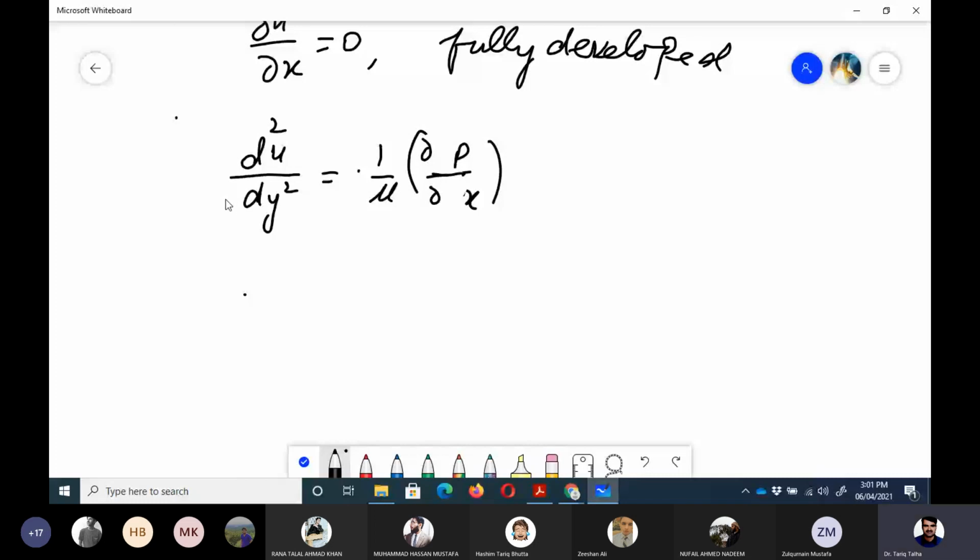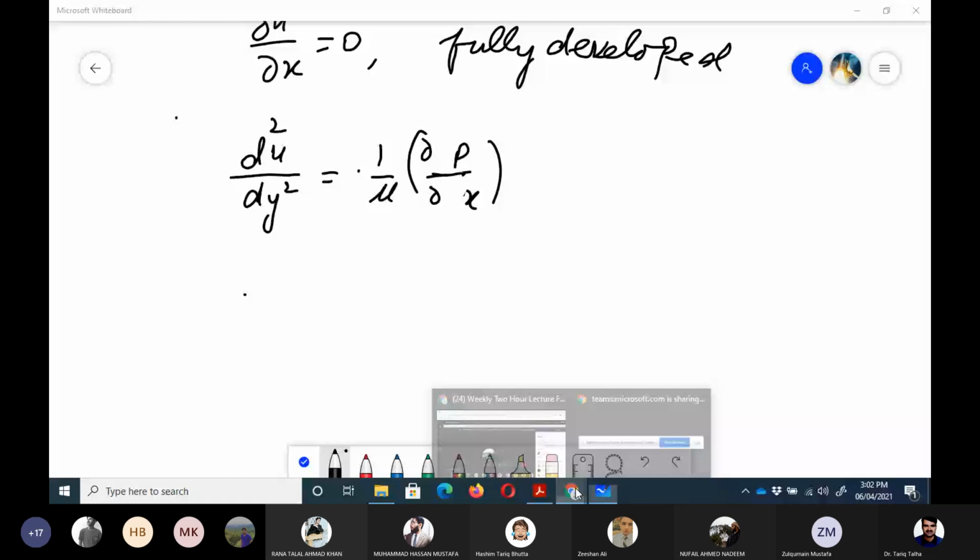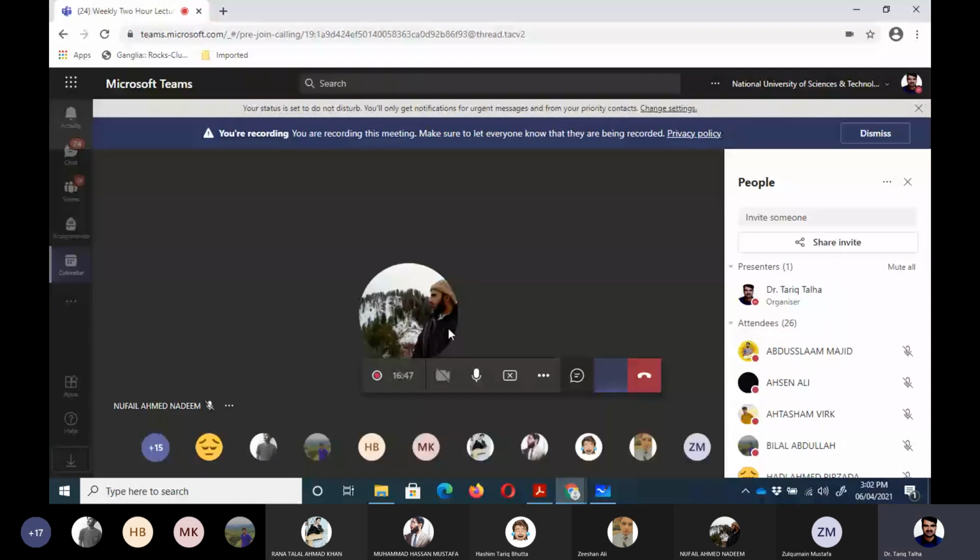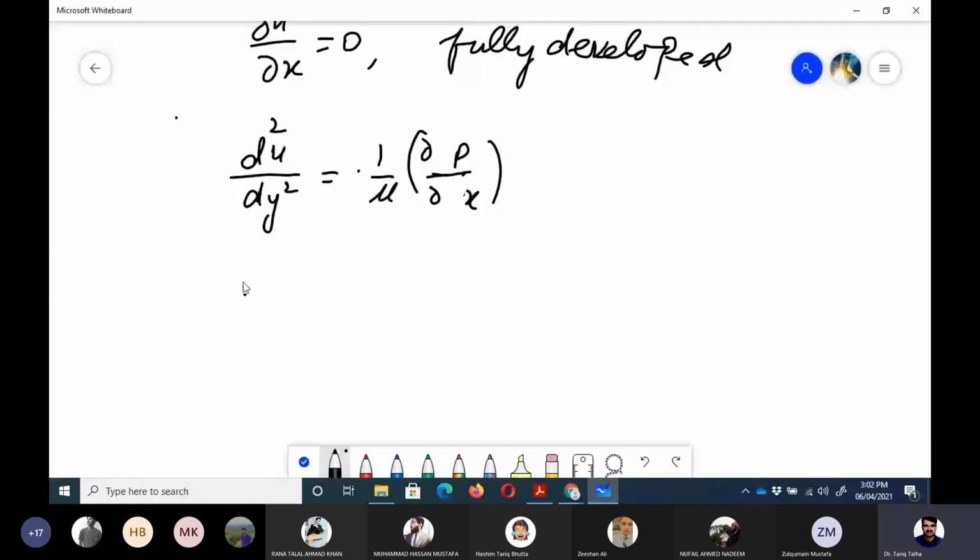Okay. So if we integrate for the first time, we can write du upon dy is equal to 1 upon mu partial p by partial x into y plus C1.